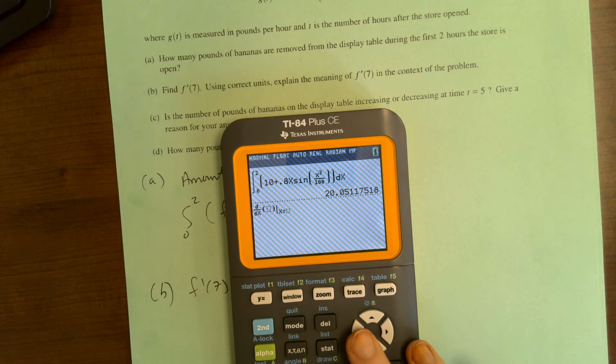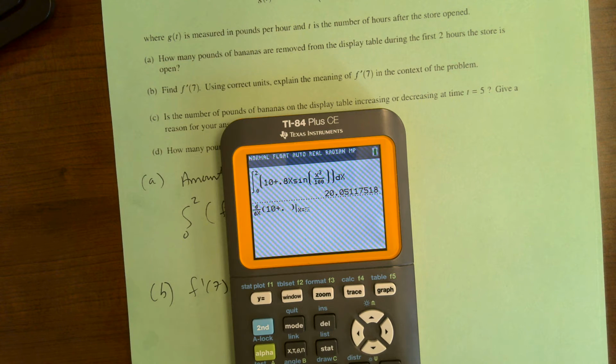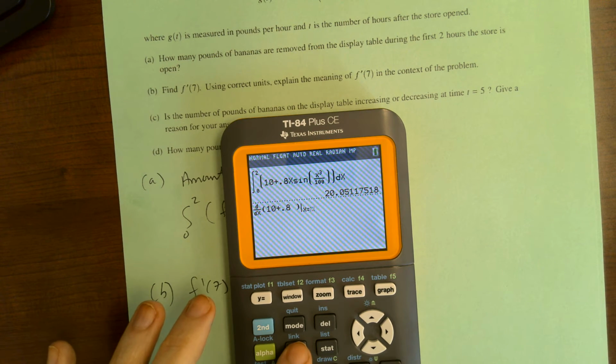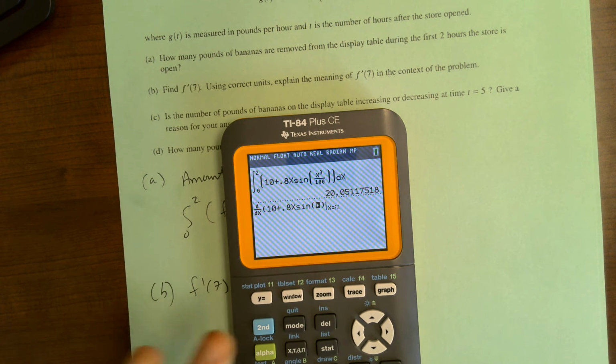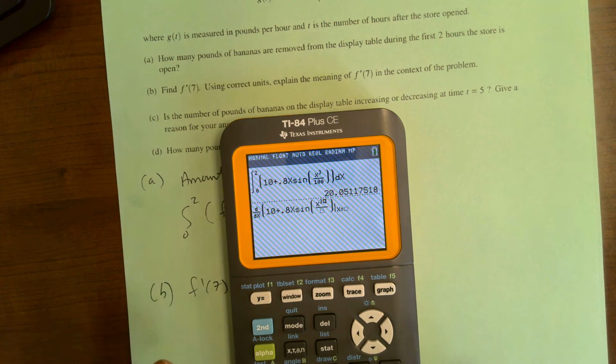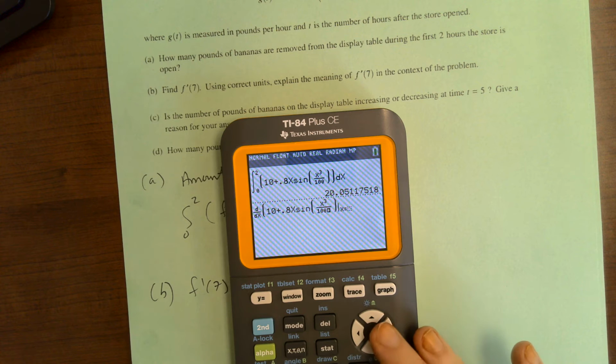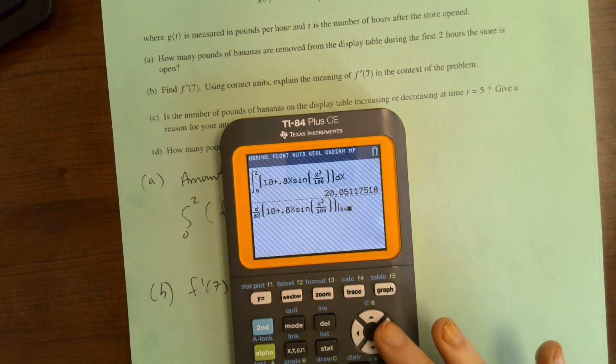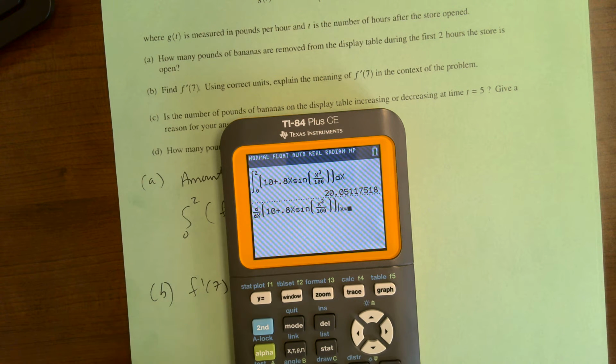All right, here I'm going to plug the function in. So 10 plus 0.8x, evaluated at 7.